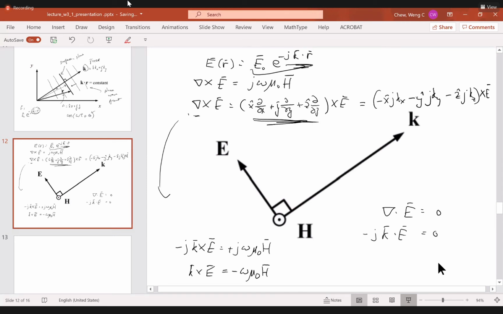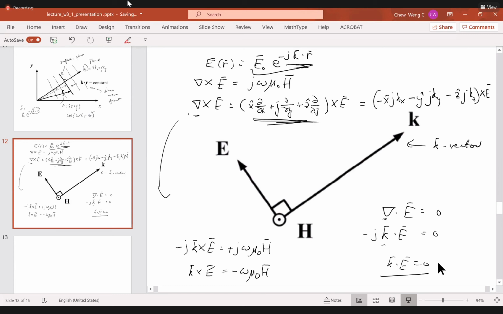If you plug in the del operator, it just becomes jk dot E, and then k dot E equals 0. What it says is that k is orthogonal to E. So if you look at the k vector, this is called a k vector.